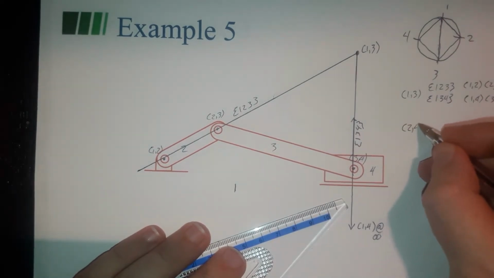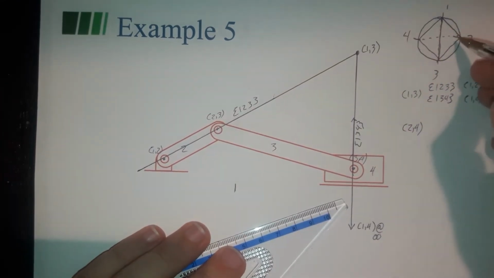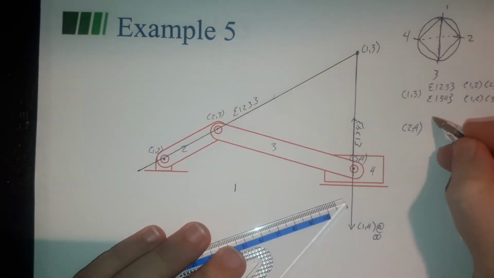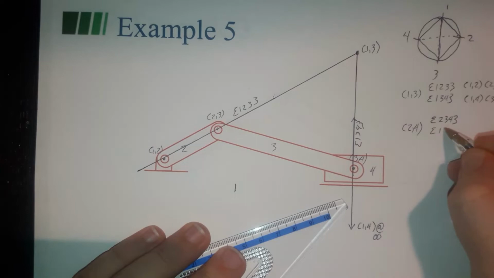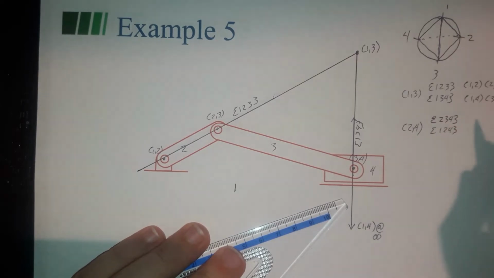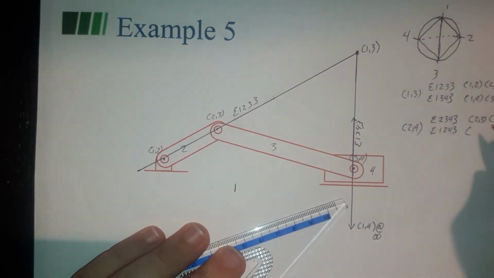I can do a similar thing for 2, 4. I want to find 2, 4. I've got a triangle right here that's 2, 3, 4, and a triangle right here that's 1, 2, 4. I already have 2, 3 and 3, 4 from this lower triangle, and from the upper triangle I have 1, 2 and 1, 4.